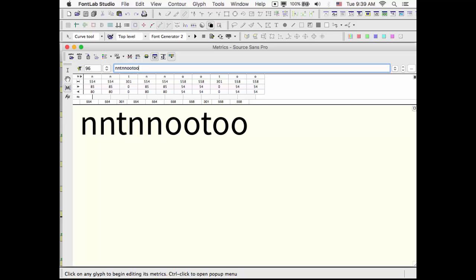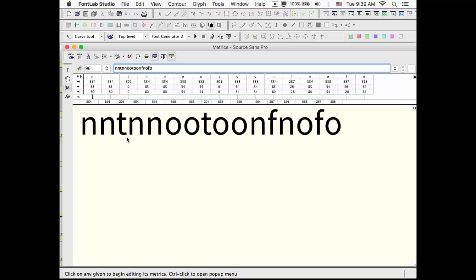T has some similarities to our friend F because it's got a crossbar and all, and usually that crossbar is longer on the right than the left. And the funny thing, as with the F, it doesn't necessarily need a lot of space. So the F has a 26 left side bearing.